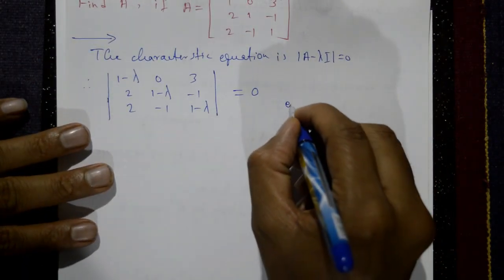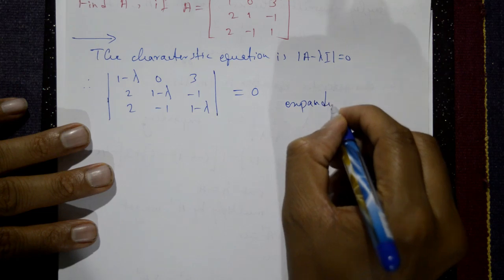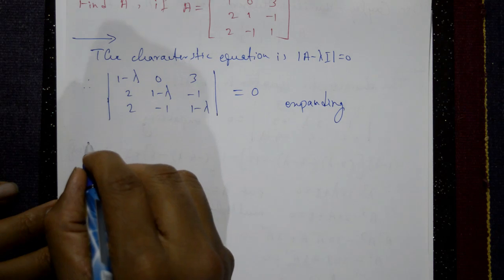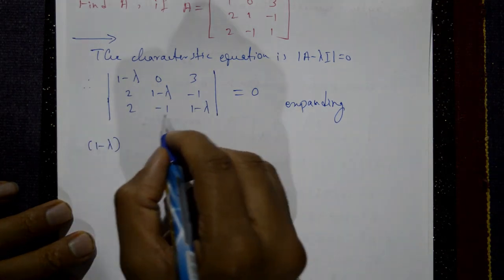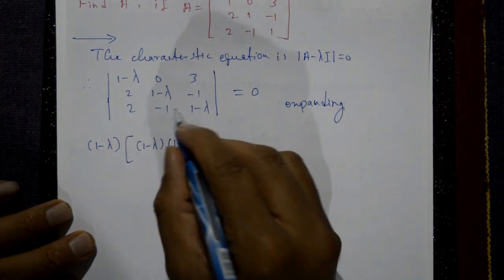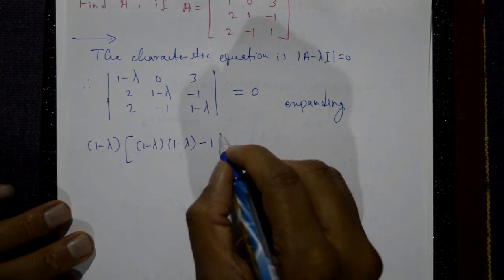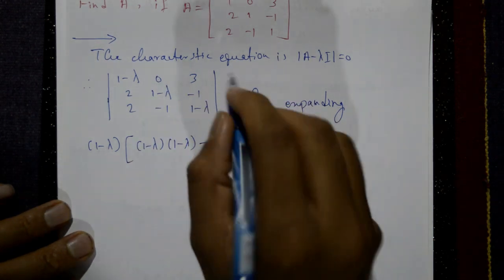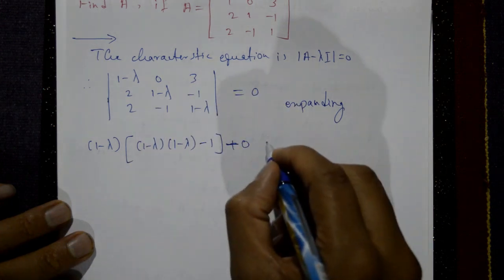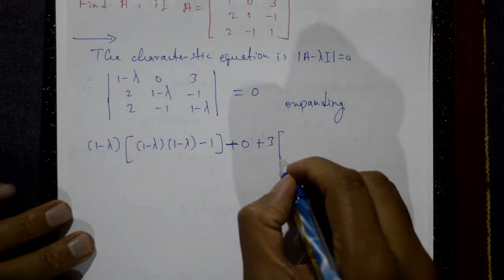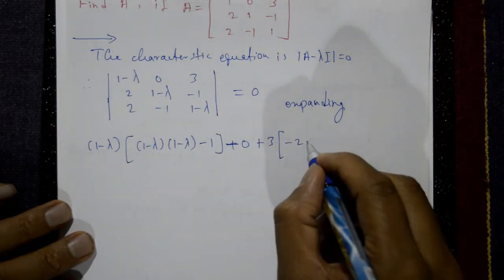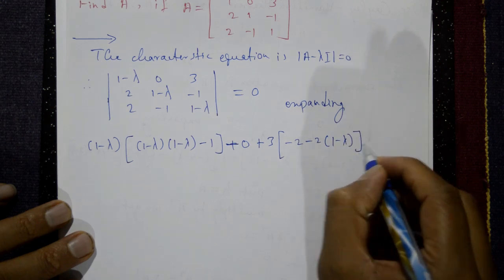Now expanding: 1 minus lambda into 1 minus lambda minus 1, the second term is 0 since 0 into anything is 0, then the third one is plus 3, these 4 elements, minus 2 and minus 2 into 1 minus lambda equal to 0.